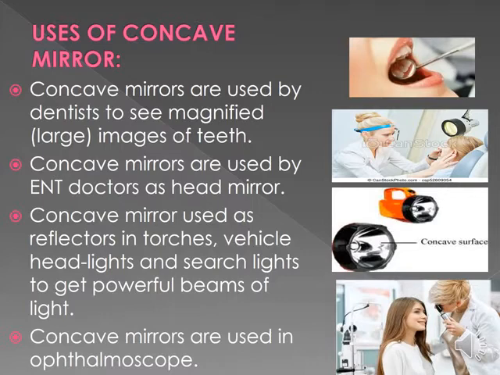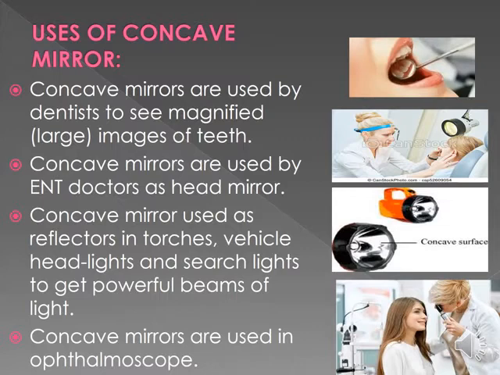Number 2. Concave mirrors are used by ENT doctors as head mirrors to get a parallel beam of light. Number 3, concave mirrors are used as reflectors in the torches, vehicle headlights and searchlights to get powerful beam of light.